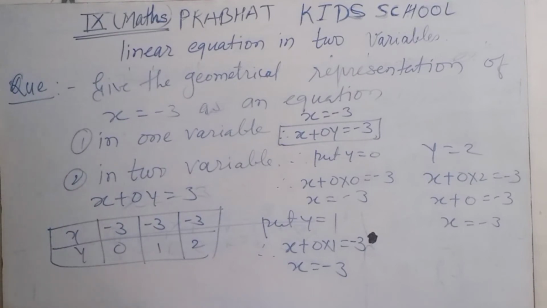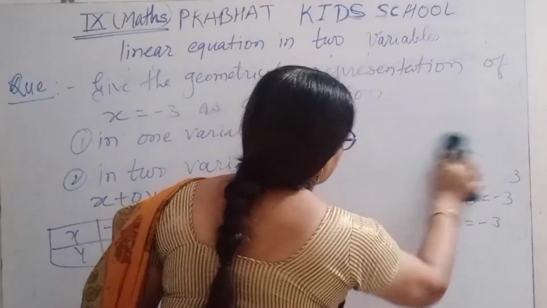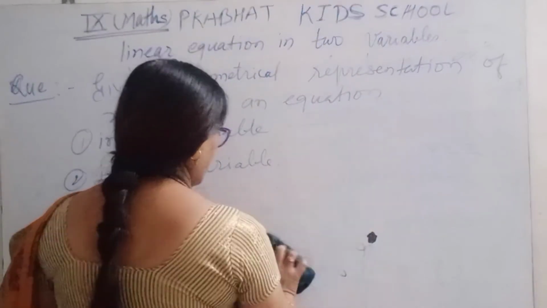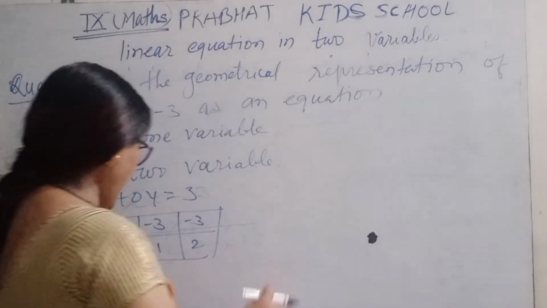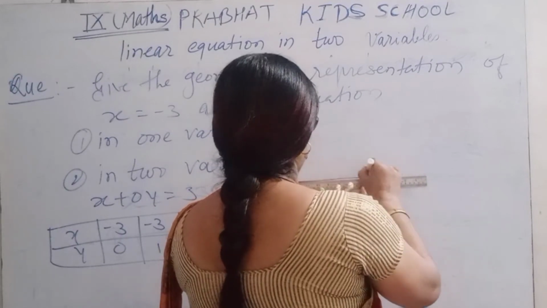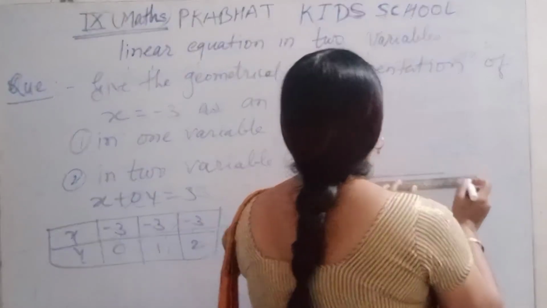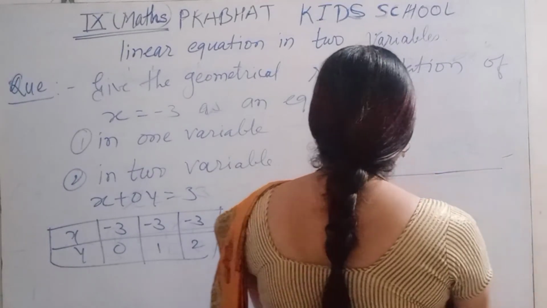Now we are plotting these points on the graph. Let me erase this. Now draw the x-axis, then the y-axis. First, draw the x-axis.